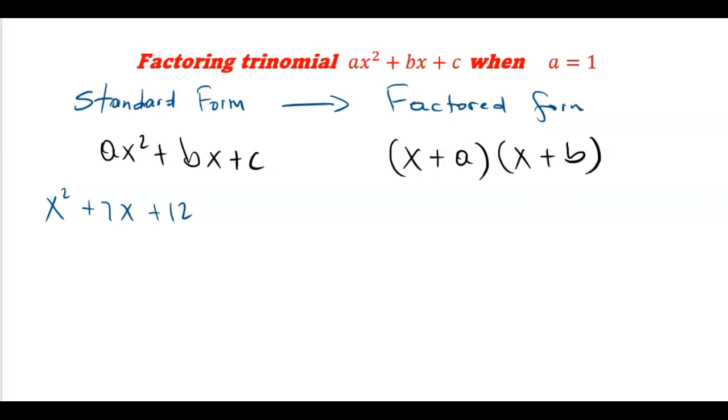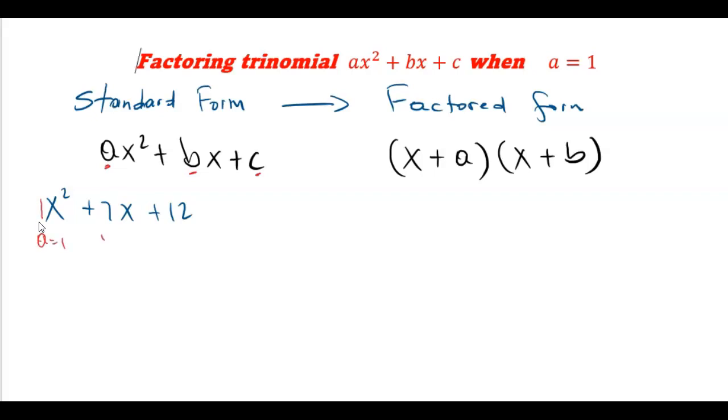To identify a, b, and c, we need to know what those values are. The a value is always the number in front of x squared. Over here, in front of x squared there is nothing. When there is nothing, that means the a value is 1. So there's a 1 here that you don't see.